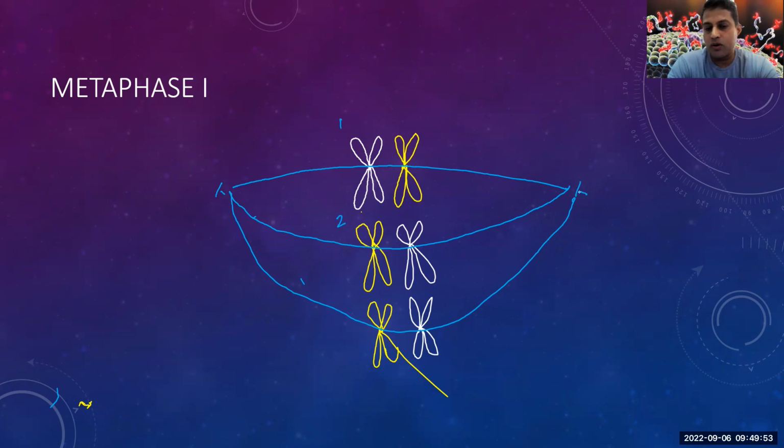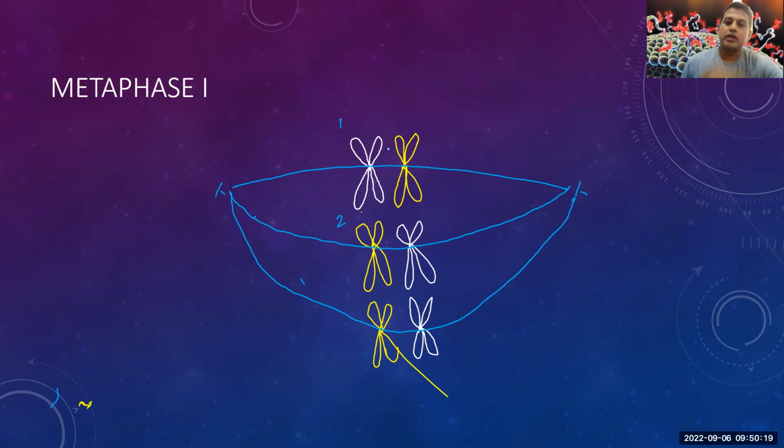Now, why is this important? Consider the first pair, the homologous chromosomes. Homologous chromosome is a very important concept. The chromosomes exist in pairs. So, humans have 46 chromosomes. These 46 chromosomes exist as 23 pairs. Why do they exist in pairs?